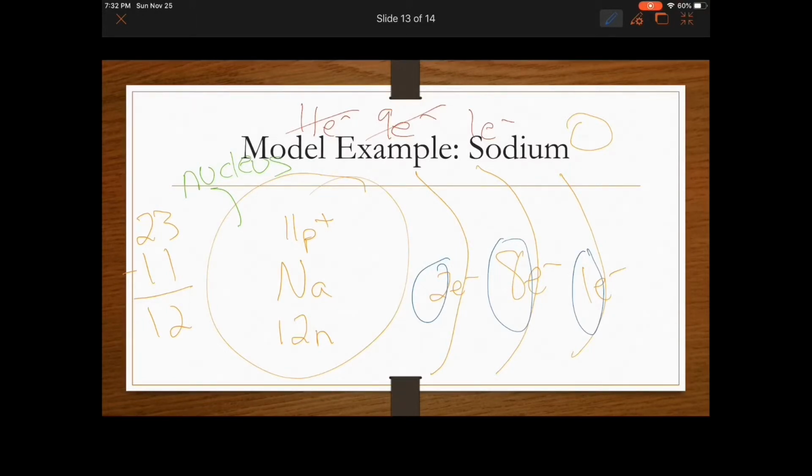The second can have anywhere between 1 and 8 electrons. The third, anywhere between 1 and 18. So it doesn't mean that it can't have less than its max number, but it cannot go over that. So this one, we couldn't have put all 9 electrons right here because the max number is 8.